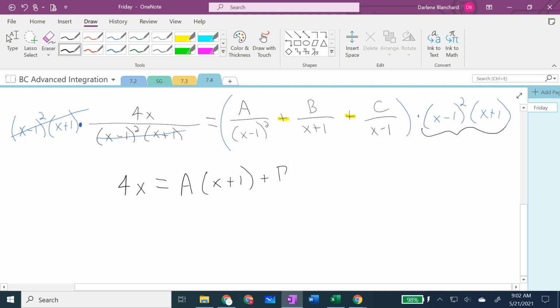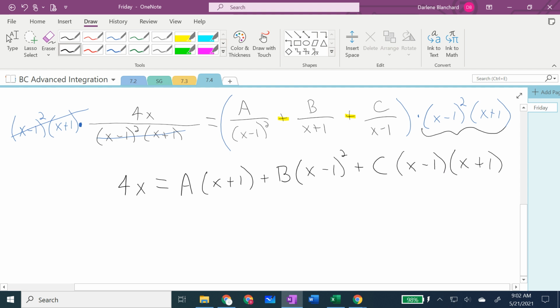Then I have plus b times a cancellation times an extra x minus 1 squared, plus c times, this time the cancellation is with only one of the x minus 1s, so I still have another x minus 1, and I still have the x plus 1.